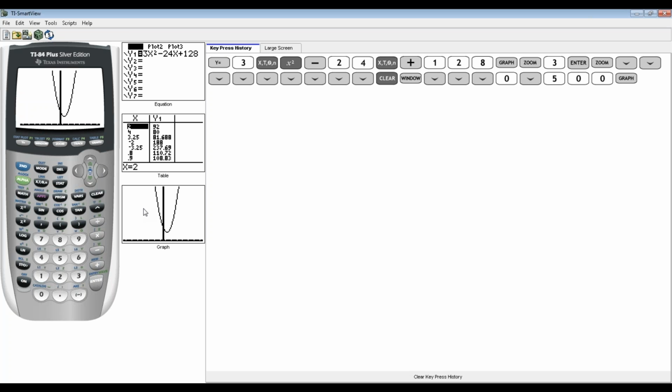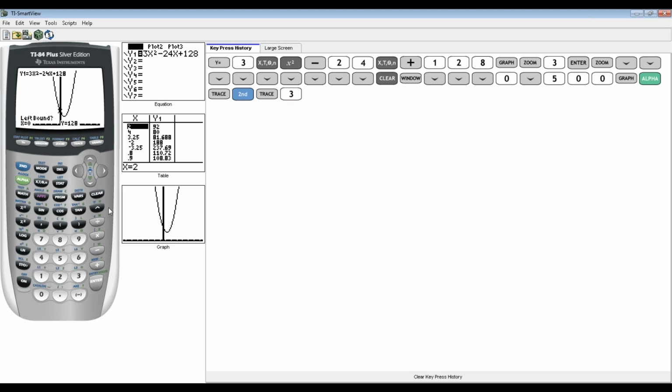So we want to find the number of iPhones that must be produced to minimize the cost. And x represents the number of iPhones. So to find the minimum, we're going to go to second calculate. We want to choose the minimum, so that's option 3.